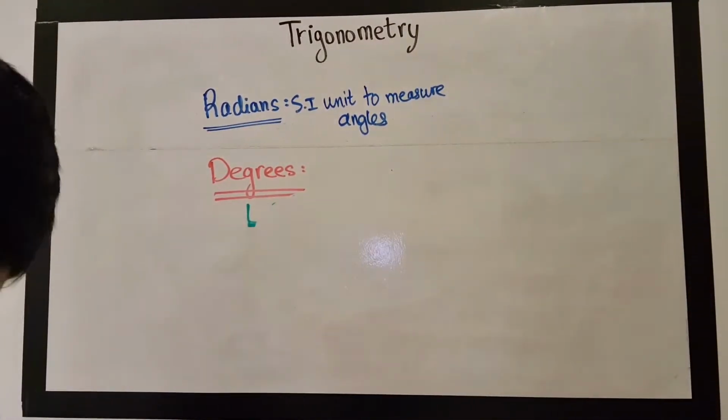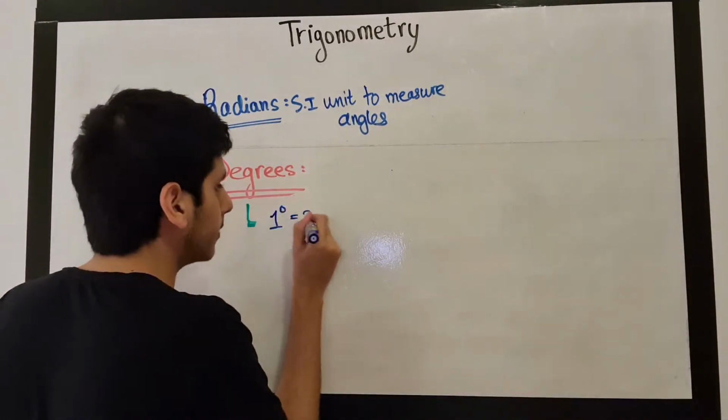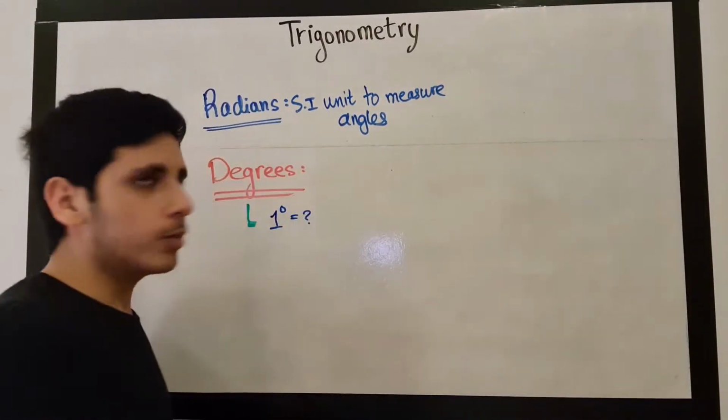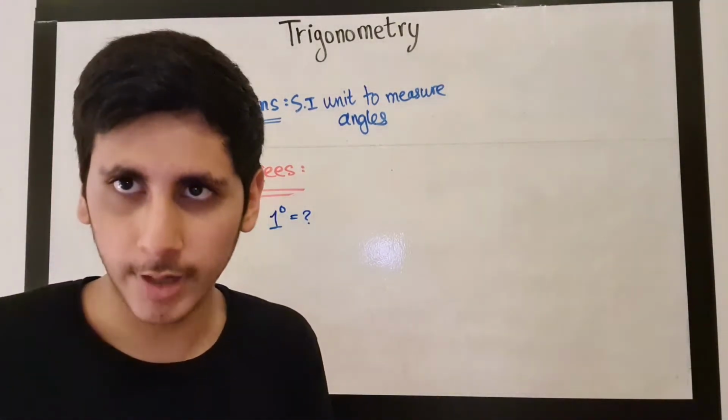Coming back to the question, what does 1 degree actually mean? Well, we know that there are 360 degrees in a circle, right?